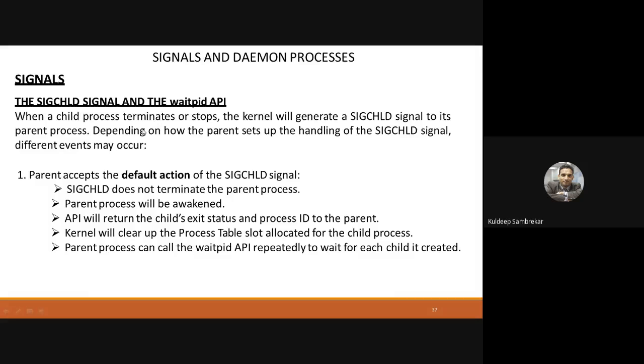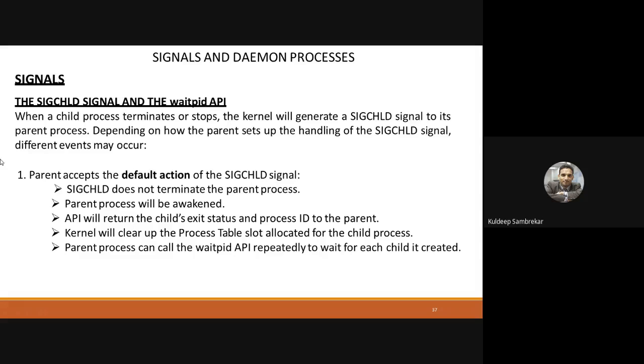Depending upon how the parent set up the handling for the SIGCHLD signal, different events may occur. Now, when a child stops, maybe abruptly, or maybe the context switching took place because of which the child has stopped. Once the parent gets a signal from the kernel, that is the SIGCHLD signal, the parent process has different events that can occur.